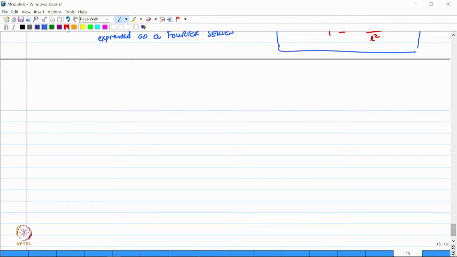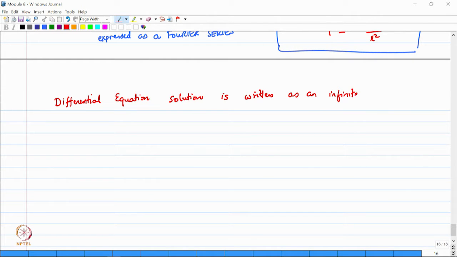So this differential equation solution is written as an infinite Fourier series. Well, I am writing infinite, but this can also be finite depending on a n, b n.